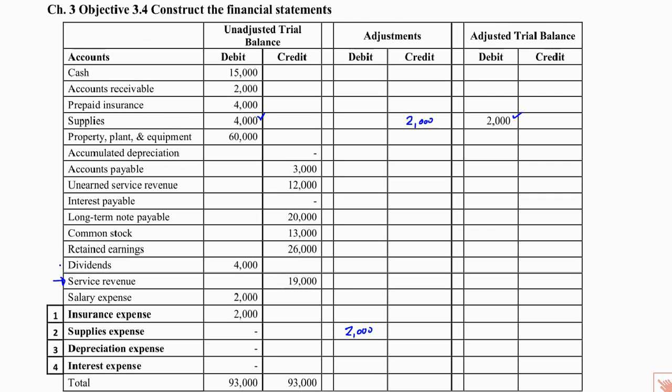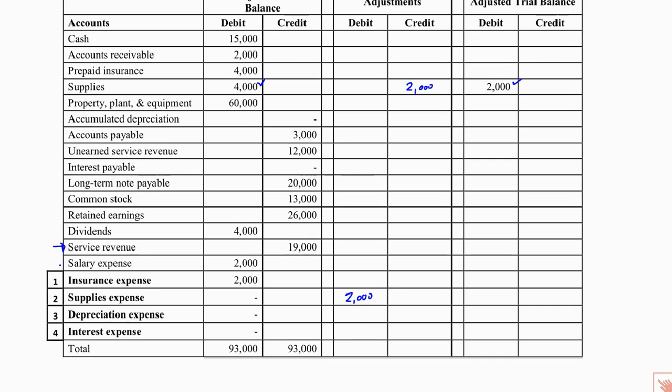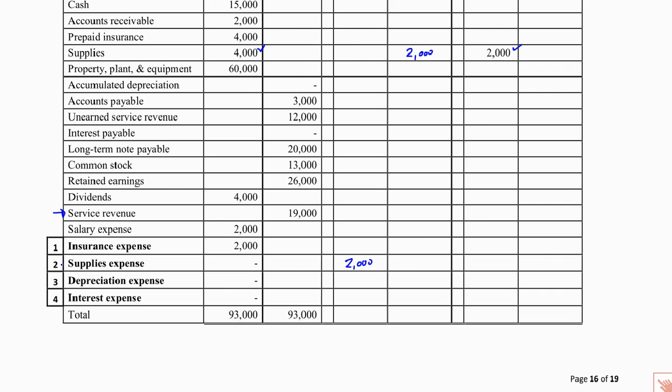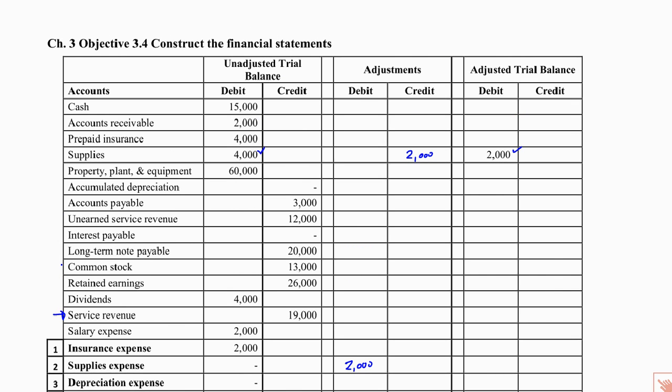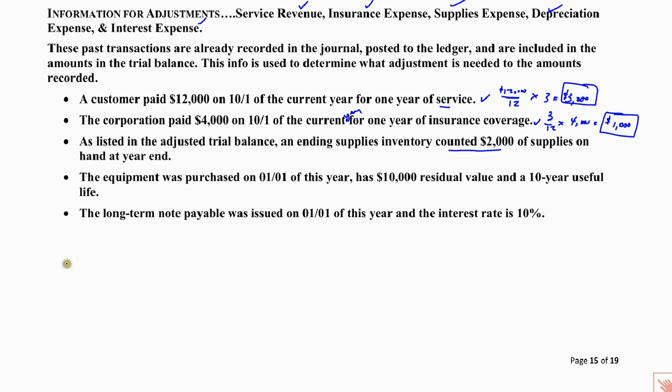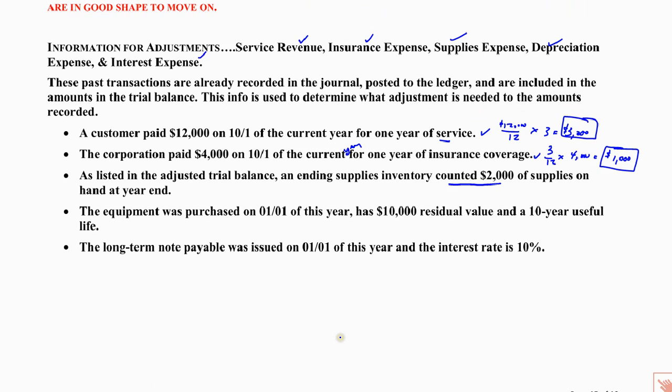So that would have been the supplies expense journal entry, debit supplies expense, and credit supplies. Okay. See the next one.